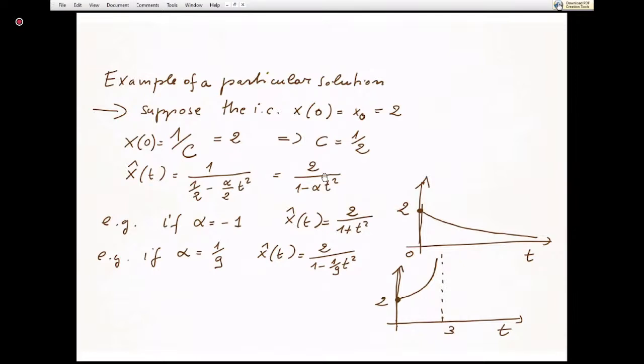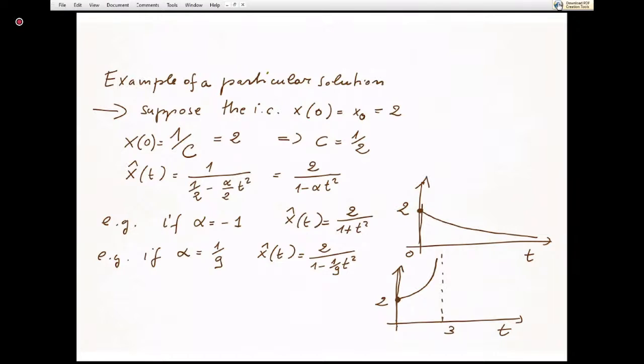But for different values of this parameter, we get very different types of solution. This one, for instance, has a vertical asymptote here. Anyway, we have been able to arrive at the analytical expression of our solution, both general and particular, by just separating the variables and computing two different integrals, one with respect to x, one with respect to t.